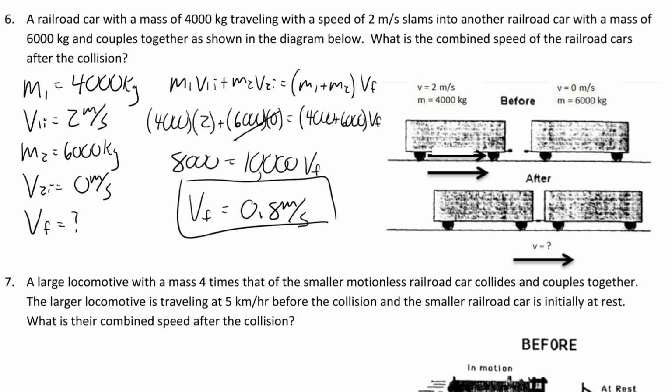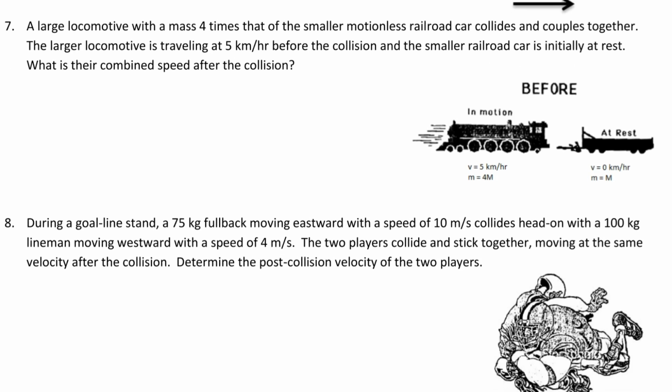Okay, that's good. Number 7, a large locomotive with a mass 4 times that of the smaller motionless railroad car collides and couples together. The larger locomotive is traveling at 5 kilometers per hour before the collision, and the smaller railroad car is initially at rest. What is their combined speed after the collision?